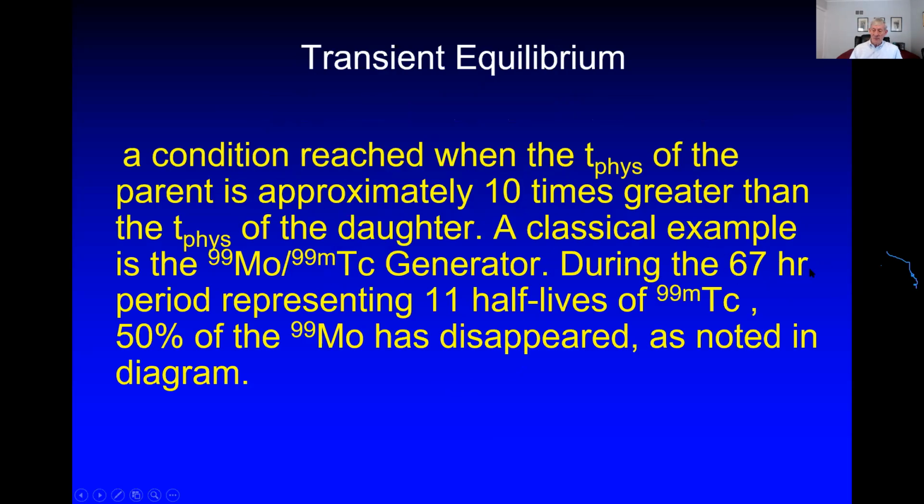We have a 67-hour half-life parent and a 6-hour half-life daughter. The ratio of 67 to 6 is 11 to 1. That's pretty close to 10 to 1. This is the classical, the perfect example of transient equilibrium. So this is reached when the half-life of the parent is about 10 times as long as the half-life of the daughter. And we'll take a look at the diagram in a moment.